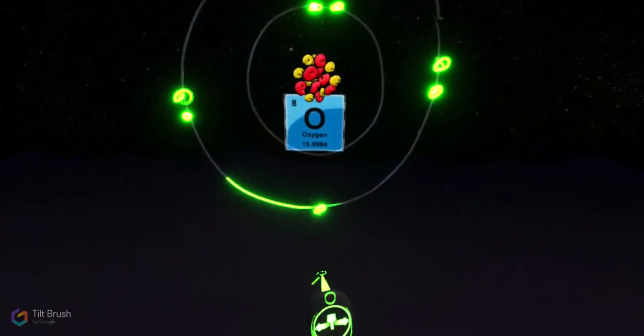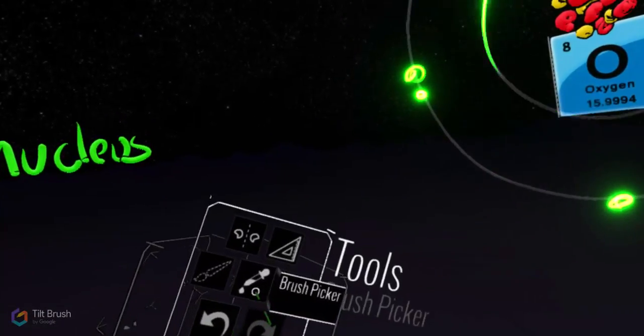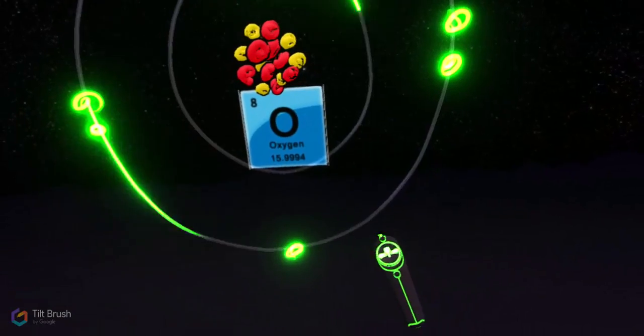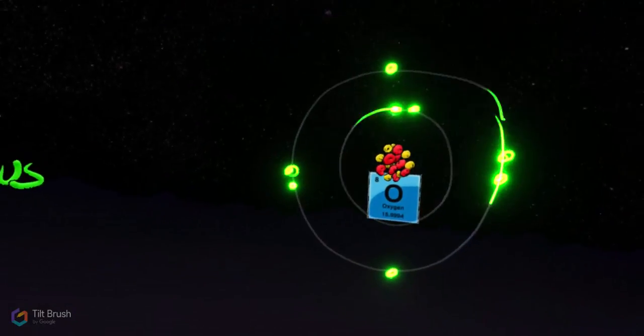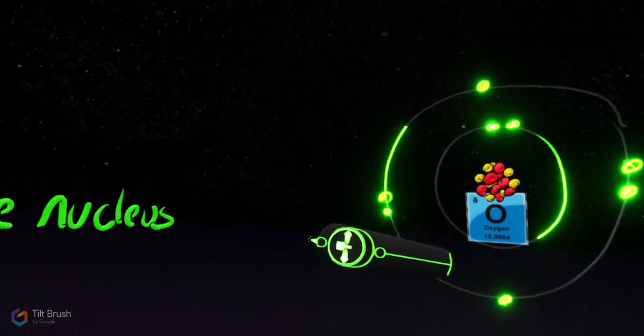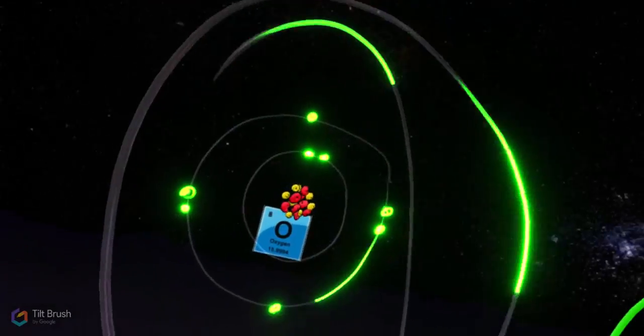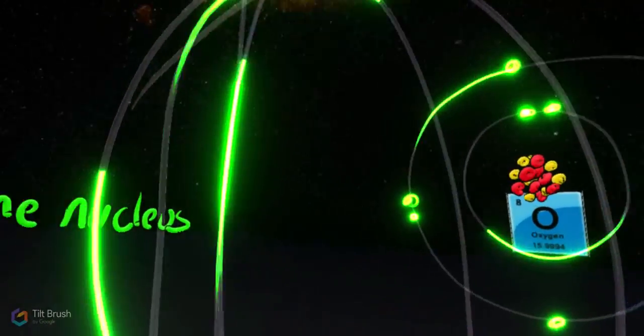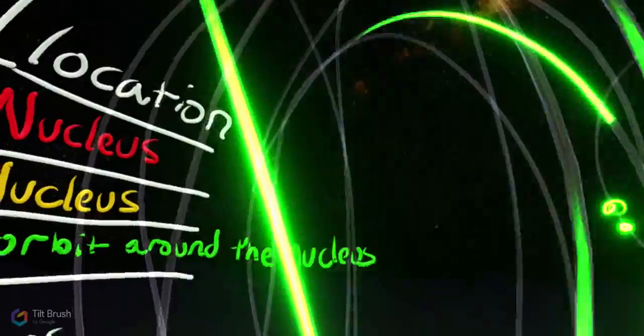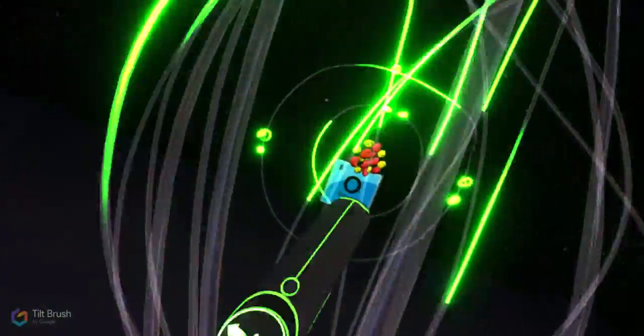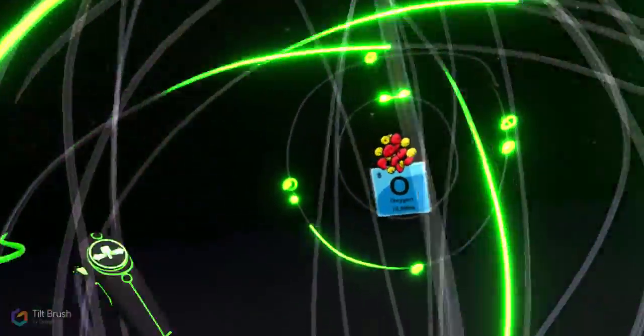And so let's do the brush picker here, and let's look at what this would really look like. Okay, we would have our nucleus, and then around the nucleus, it would look like this, with this cloud of electrons.